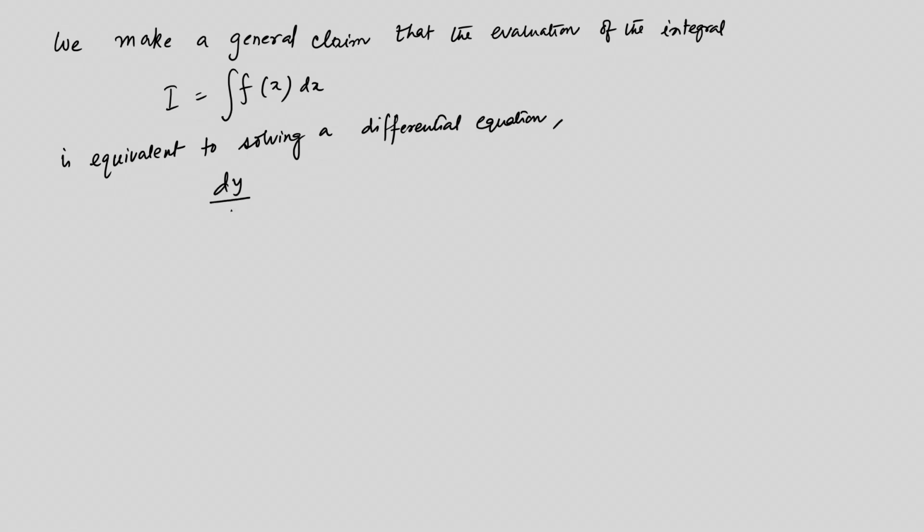So, basically dy/dx equal to f of x, for y at the upper limit b given some value for y at the lower limit a, which we can assume to be 0 without any loss of generality. Because of this closeness of these two formalisms, we will take them up one after another.